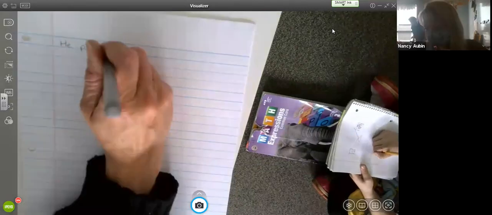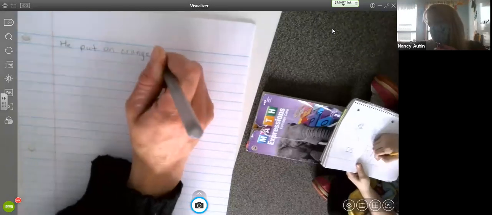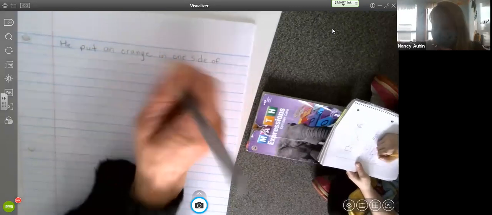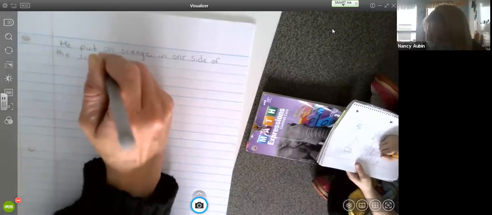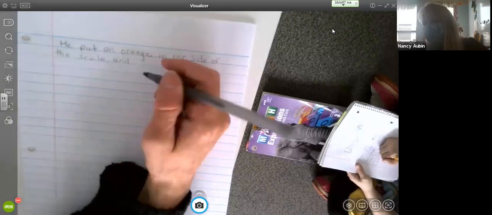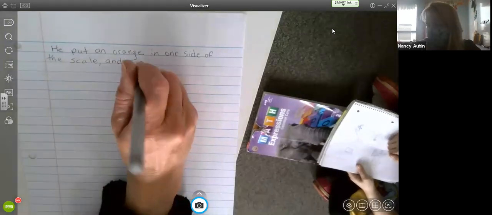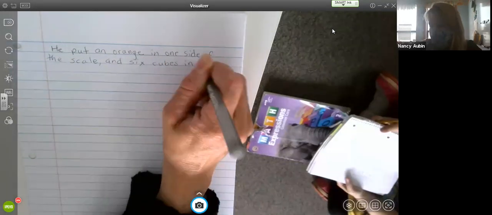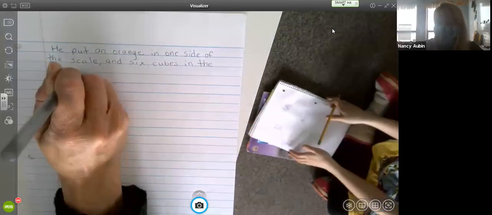He put an orange in one side of the scale. And if you have nothing written, you can write this. And what did he put on the other side, Max? And 6 cubes in the other.